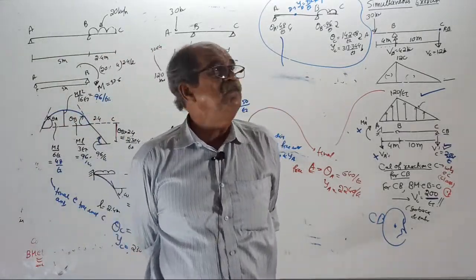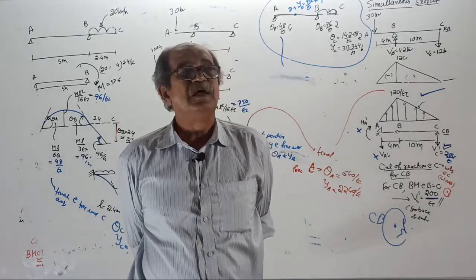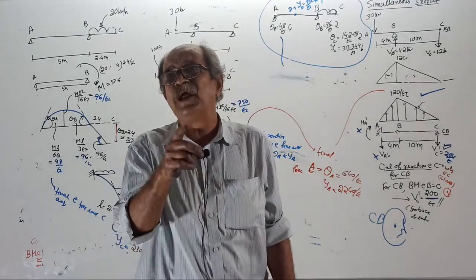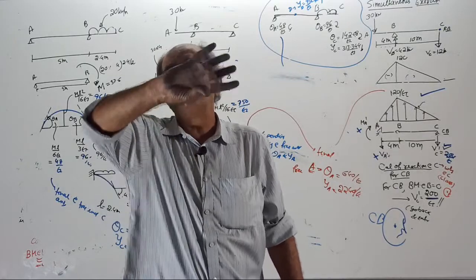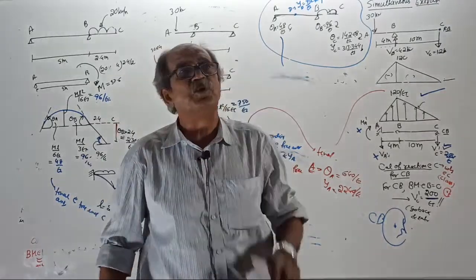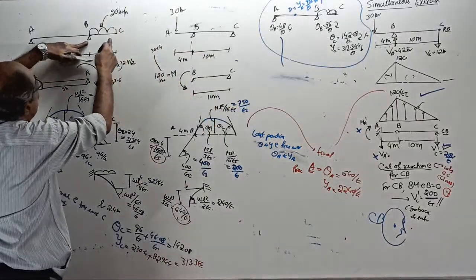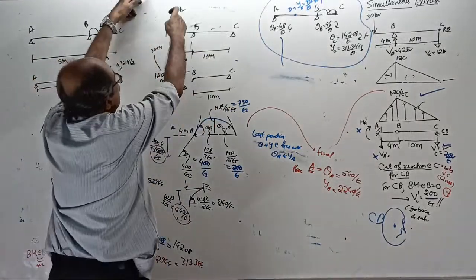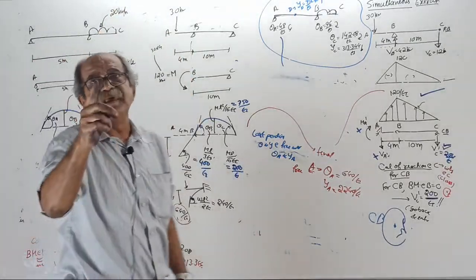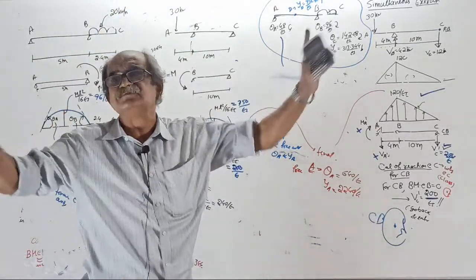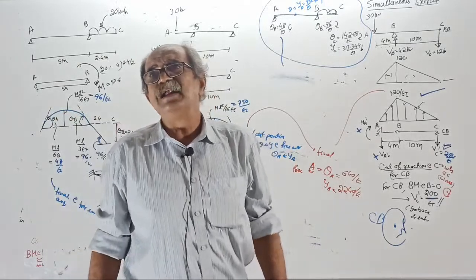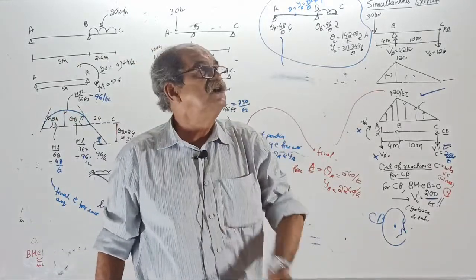Simply supported beam, one side overhang given. Suppose you first find the couple at the overhanging support. Say M. Here, 20 into 2.4 into 2.4 by 2, plus 30 into 4. That couple is M. Remove the overhang. Now, find the slope at both supports.